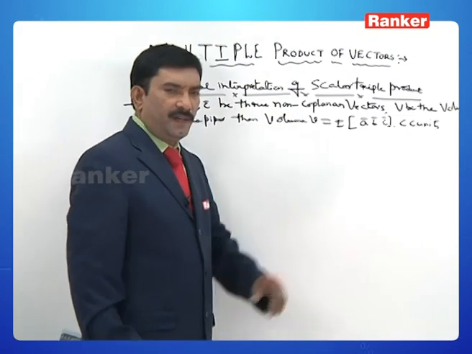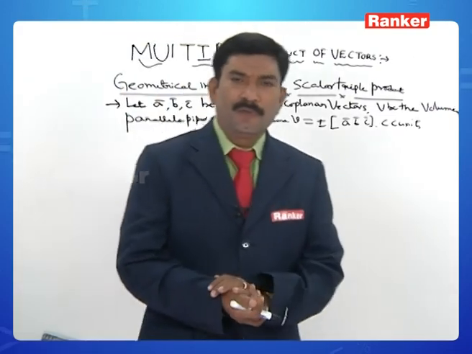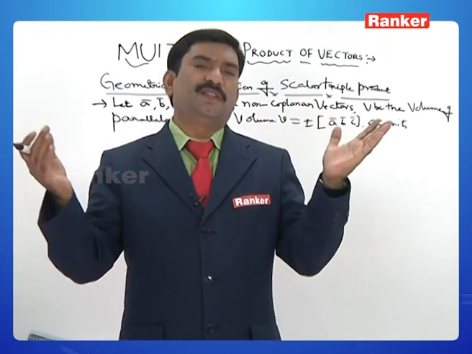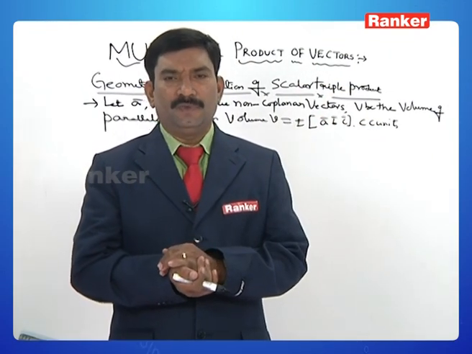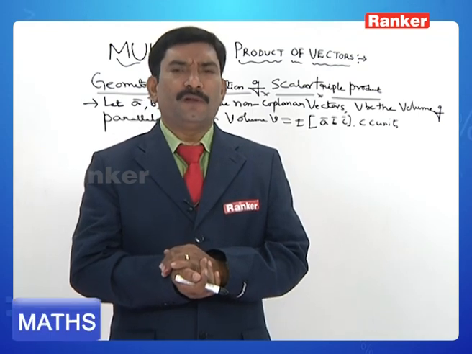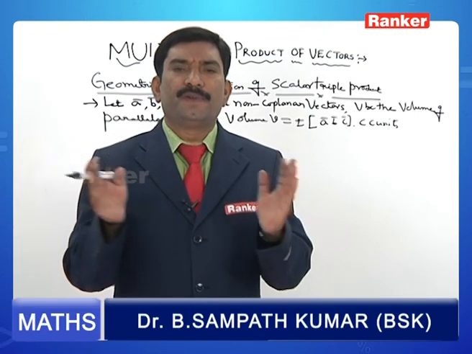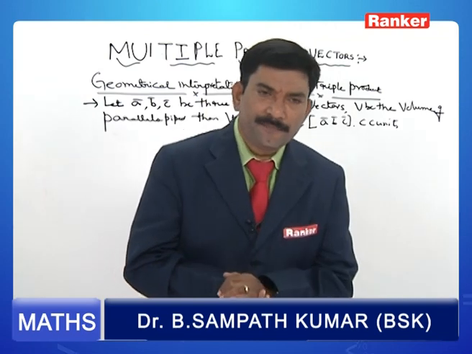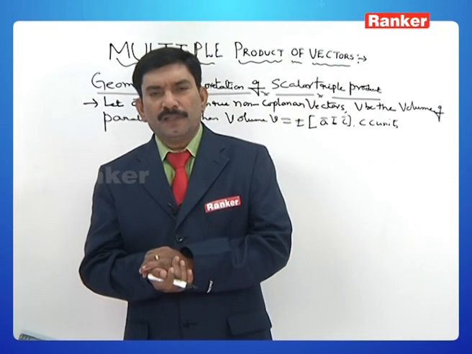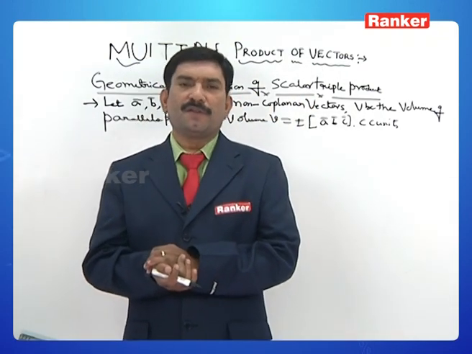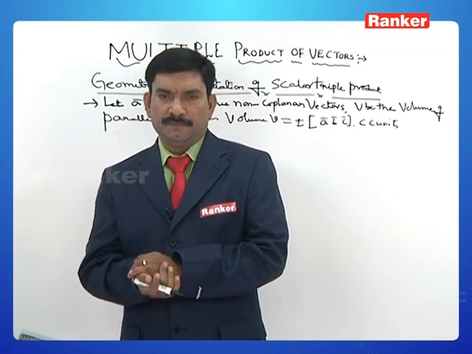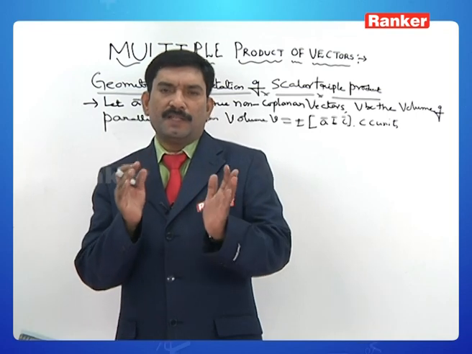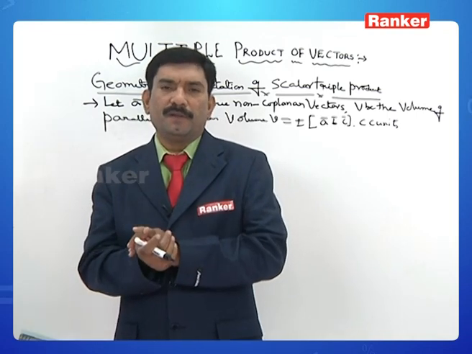Why plus, why minus? Volume cannot be negative, everyone knows that. It is always positive. But even if a negative comes, we take it as positive by taking the modulus. So in the geometrical interpretation of the scalar triple product, we are interpreting it as the volume of the parallelepiped.